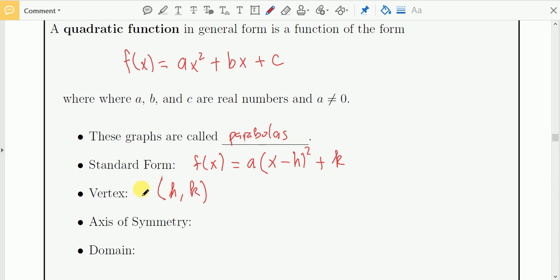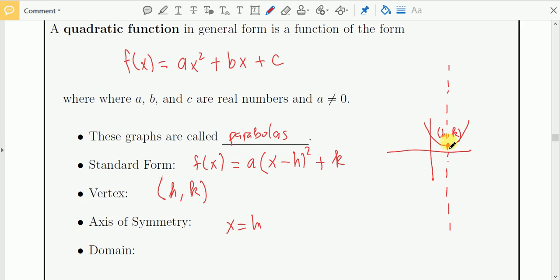So the vertex is the tip of the parabola. So (h, k). The axis of symmetry is x equals h. So let's say I have the parabola, something around here. Now the vertex here should be (h, k), and the axis of symmetry is the line that divides the parabola into equal halves.